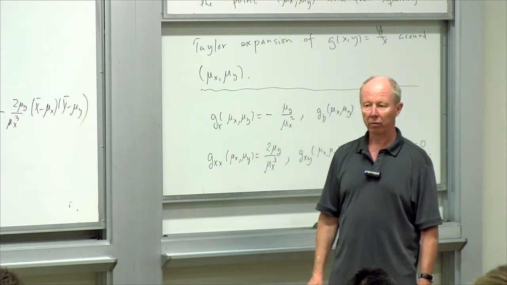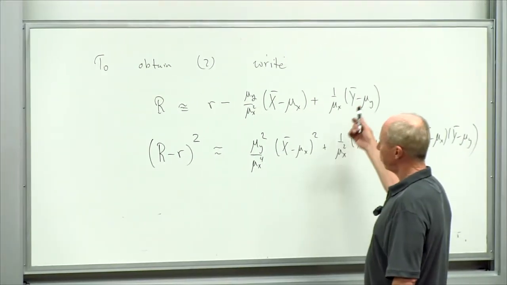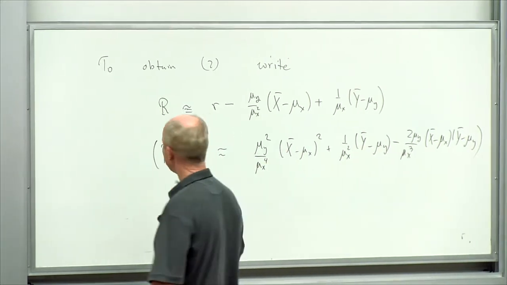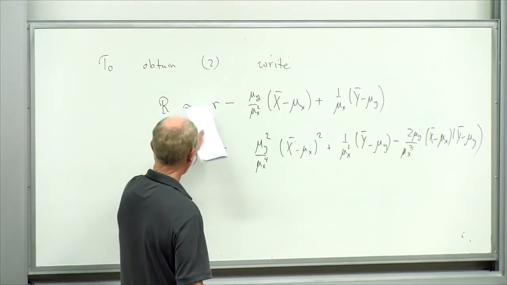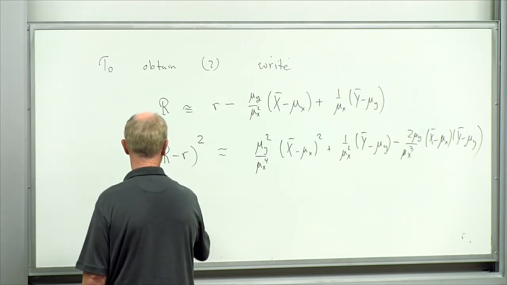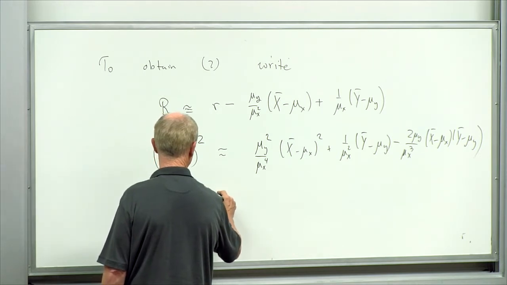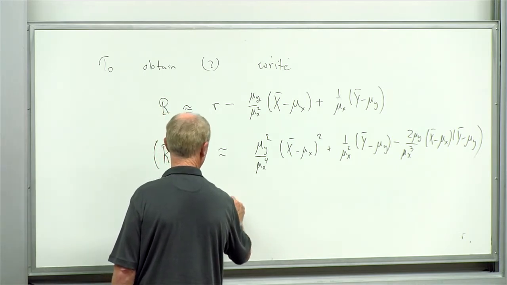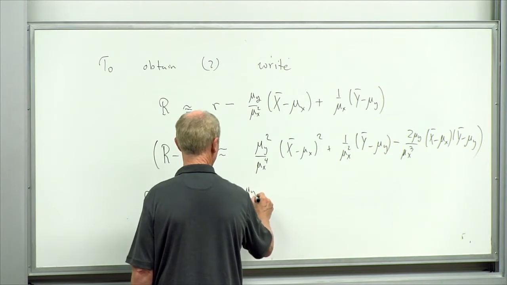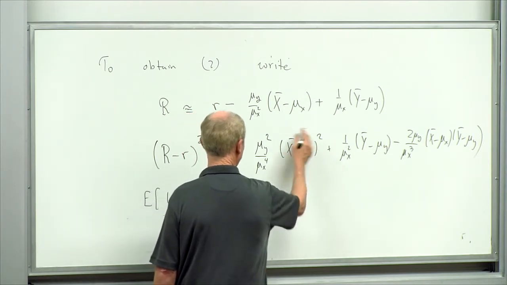Now if I take expected value of both sides, again, x bar should be close to mu x, y bar close to mu y, so capital R should be close to the right-hand side, so these expected values should be about the same. And what's the expected value of this?